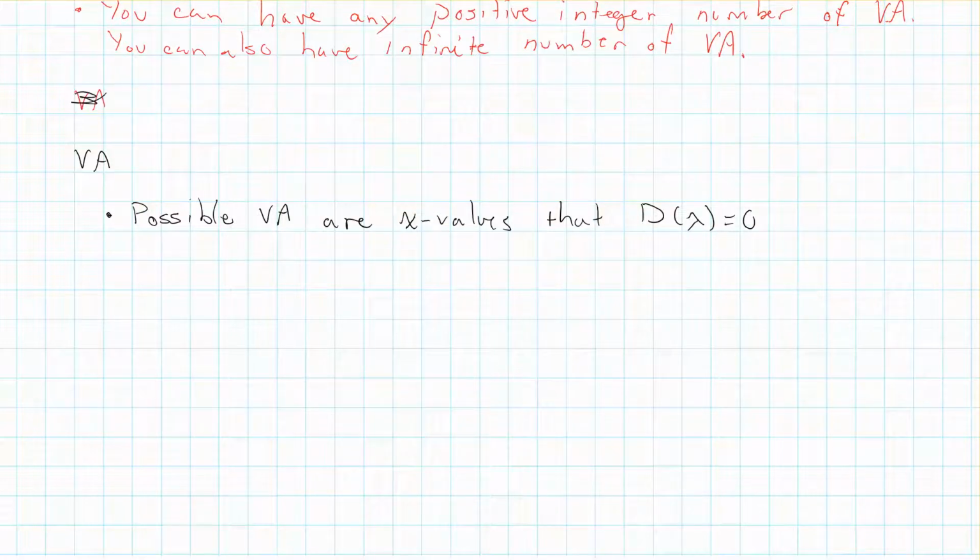Now, I want to emphasize that I said possible vertical asymptotes are x values that make d of x equal to 0. So how do we know which ones are the actual ones?